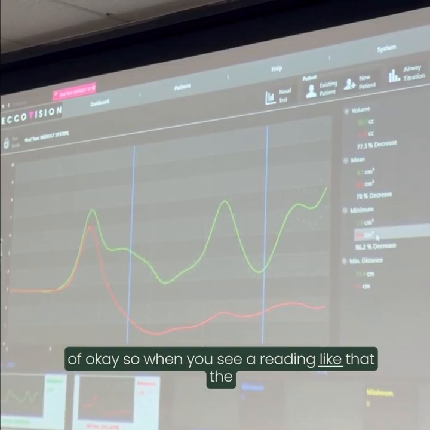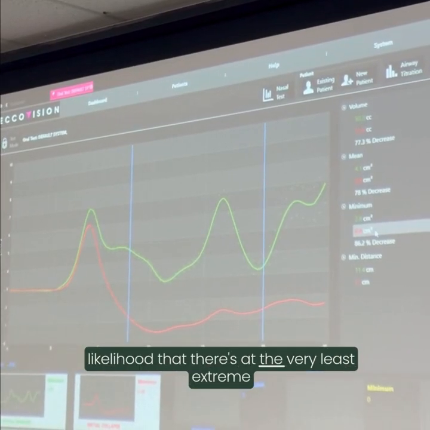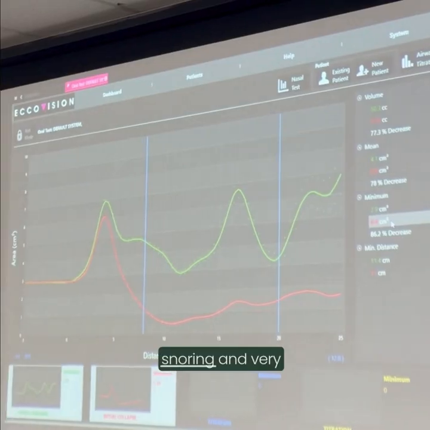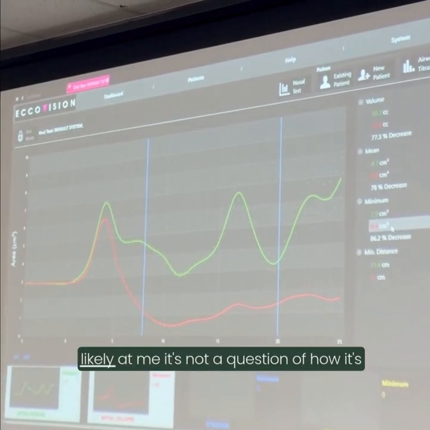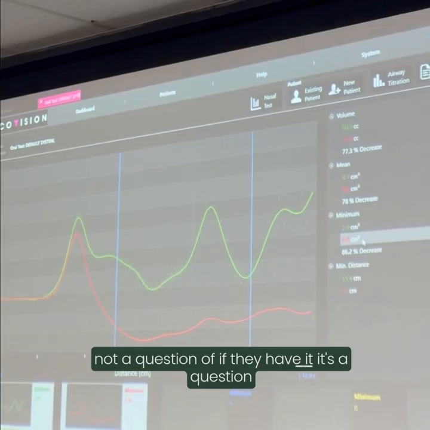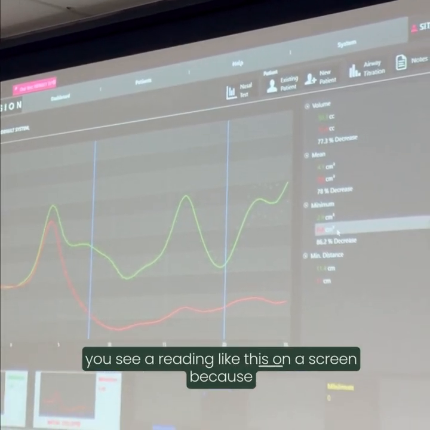So when you see a reading like that, the likelihood is that there's, at the very least, extreme snoring and very likely apnea. It's not a question of if they have it, it's a question of how bad is it.